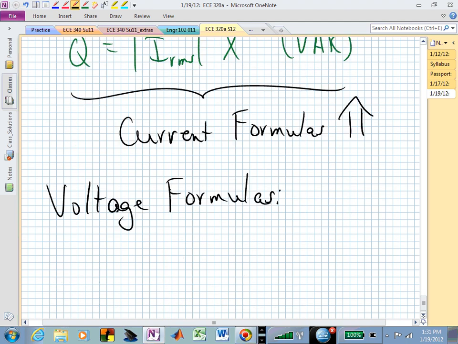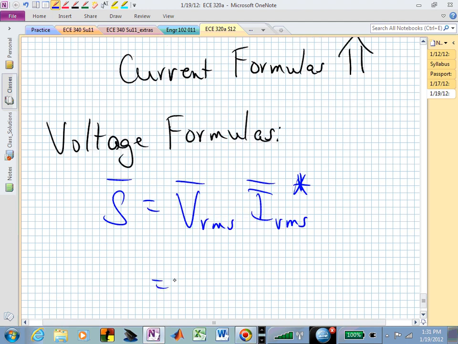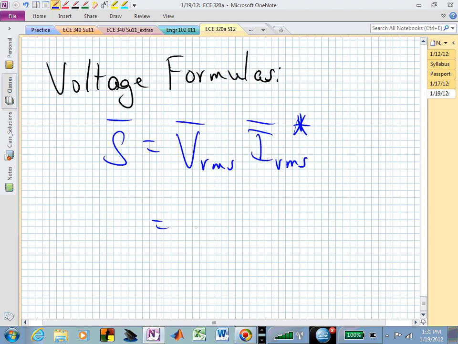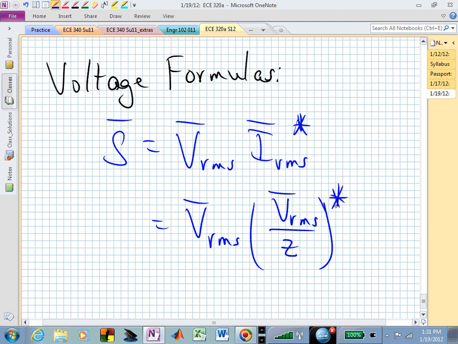And we won't look at those as fully as we just did the other, but this is now the complex power formula, V I star. But now we want to rewrite I star in terms of voltage and impedance. Now we have V RMS times V RMS bar over Z. But we have to star that, don't we?